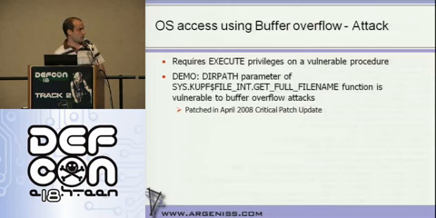Well, let's see now an example of how we can get operating system access and disable Database Vault with a buffer overflow attack. This buffer overflow is in a stored procedure, so we need execute permissions on a vulnerable stored procedure.